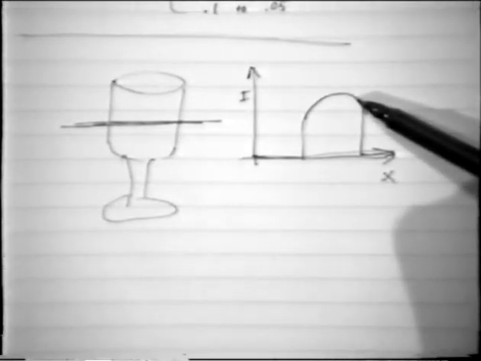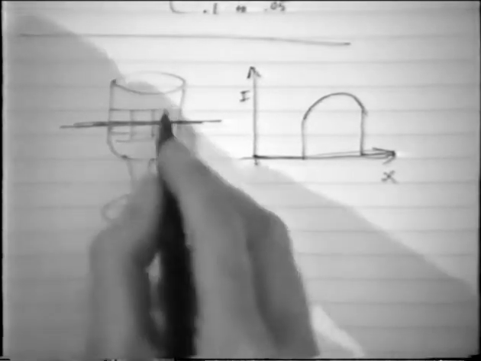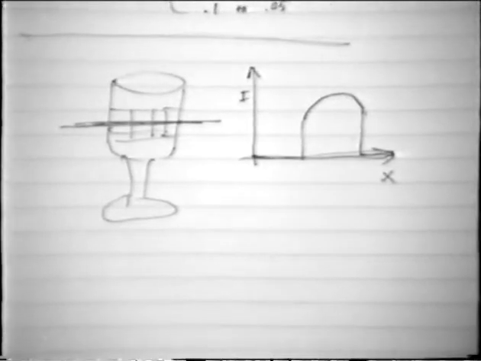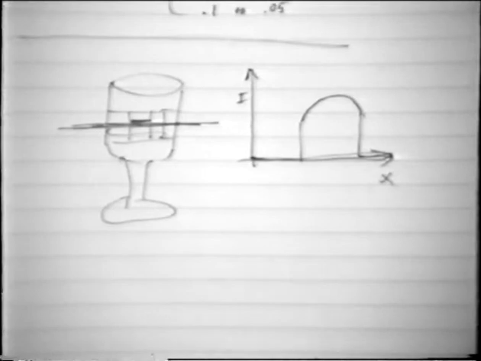Now if we divide this cup up into a lot of polygonal facets like that, and color each polygon in at a uniform intensity, that means going across this polygon we're going to use some constant intensity there.